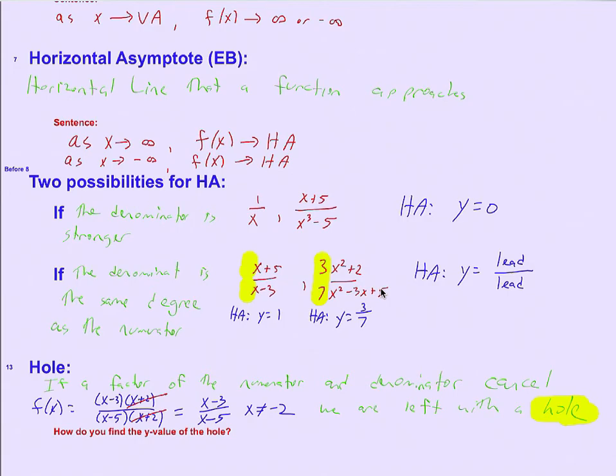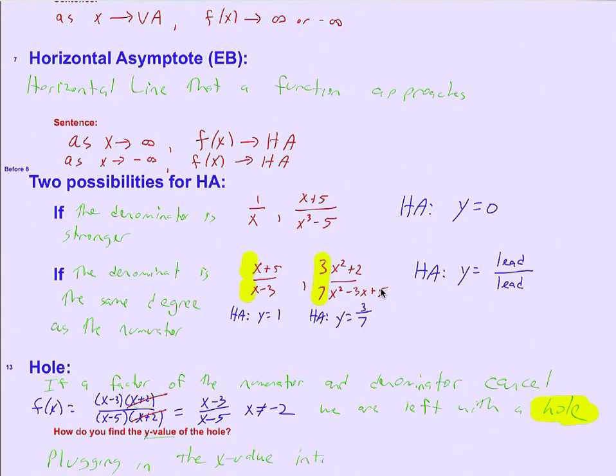How do you know the y value of that hole? Well, it's not that hard. We know the x value. It's at x equals -2. You find the y value by plugging in the x value, not into the original function, because we get 0 over 0. If I plug a -2 in there, I get 0 over 0. That's not going to help.